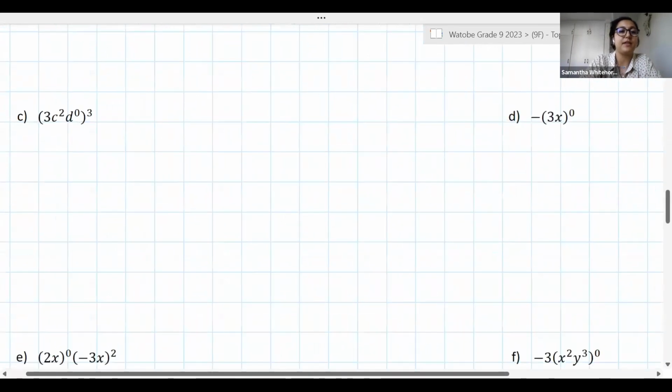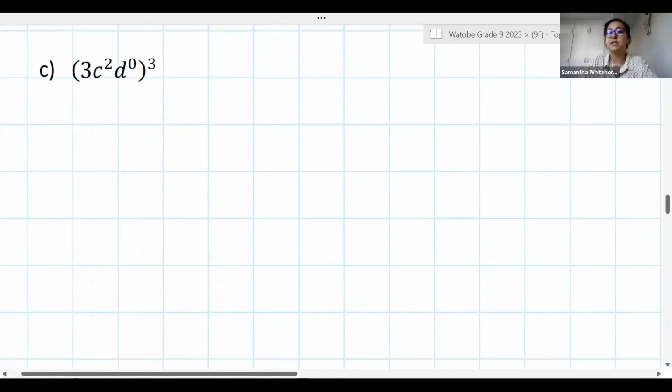Alrighty, so I want you to try question C for me. Give it a go. You're welcome to put your answers in the chat. Remember your laws. So remember that distributive law of exponents.